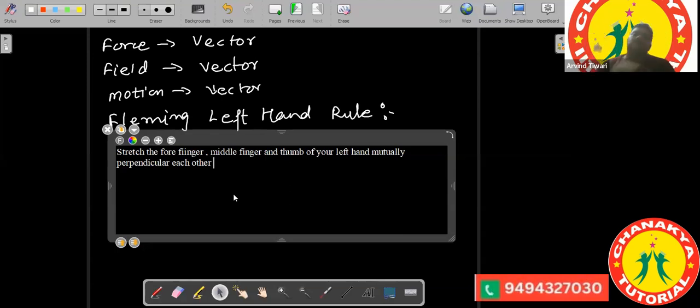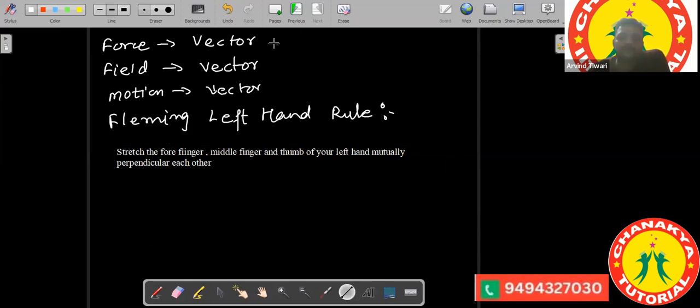Okay. So how do we remember this? I'm writing here. You will remember that force experienced is given by your thumb. Then magnetic field is given by your forefinger.